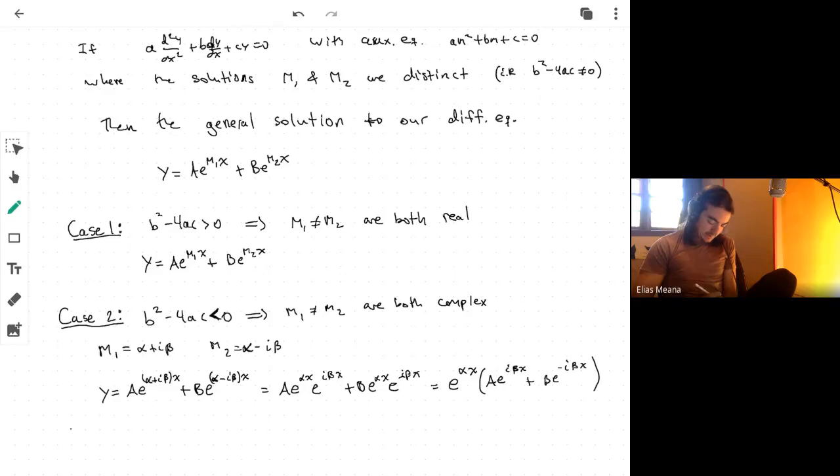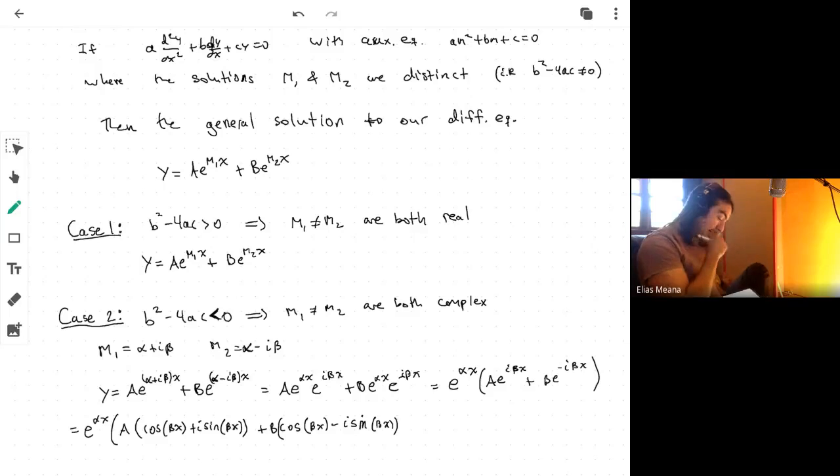So we can write this as e to the alpha x times A, and then in brackets cosine of beta x plus I sine of beta x, plus B cosine of beta x, in brackets, minus I sine of beta x. All right, and then we can combine the cosine terms and combine the sine terms.